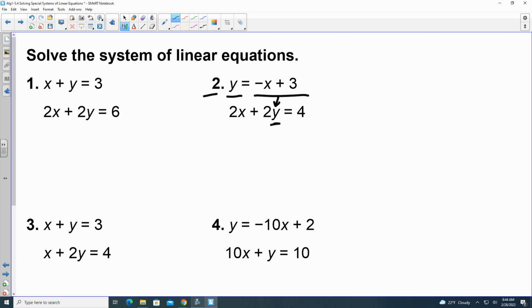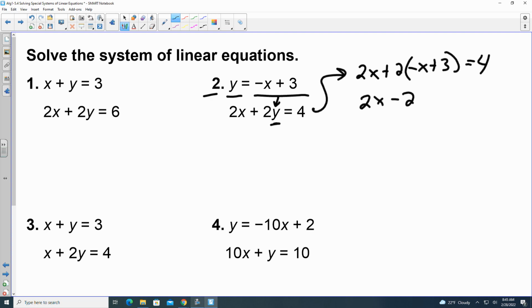So -x plus 3 is going to go into this y here. So this is going to turn into 2x plus 2 times -x plus 3 is equal to 4. So when I do that, I get 2x minus 2x plus 6 is equal to 4.